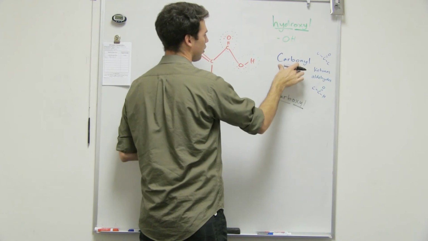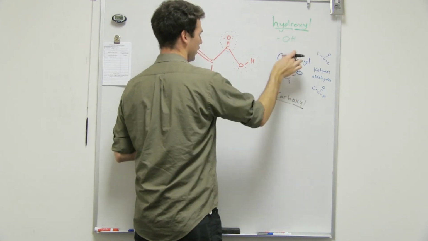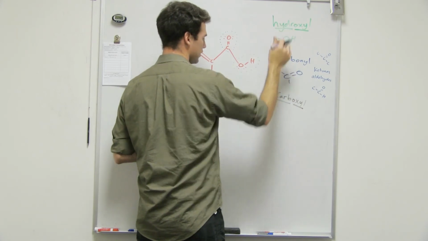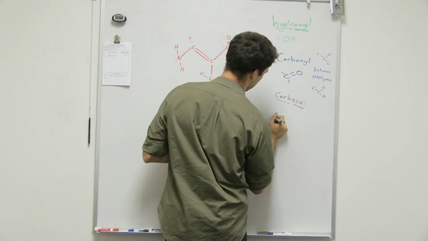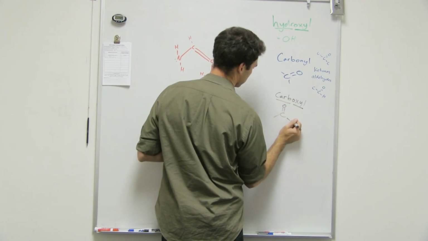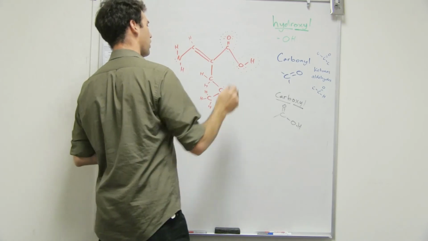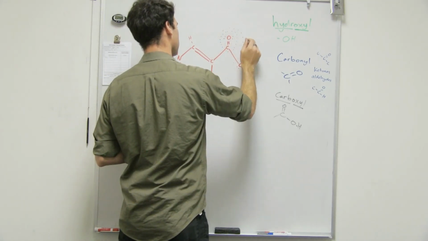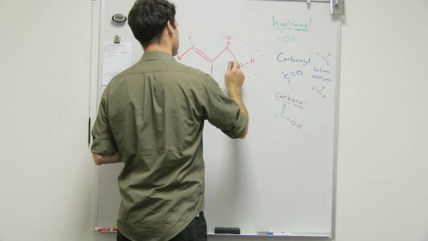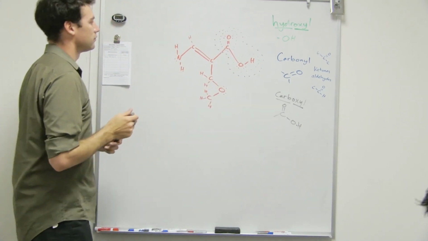See, we take the carbon and the oxyl. It's basically when we see both of these together. So this guy looks like this. See? OH. So two oxygens. So carboxyl is that whole thing, all the way around.